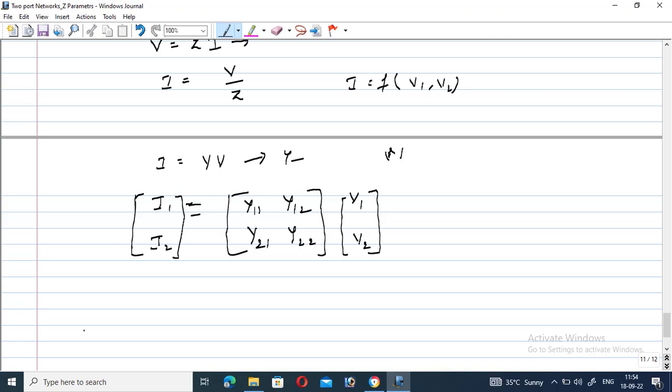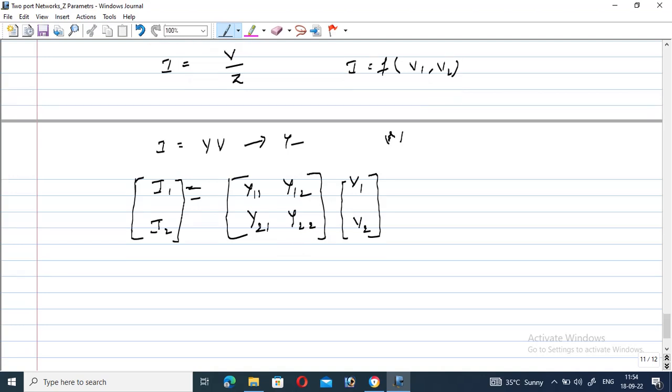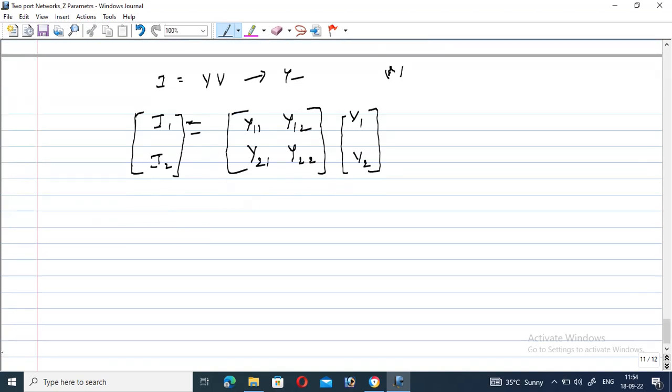Here I1 can be represented in the form of an equation. As a mathematics background, obviously you know the multiplication of these two: Y11 into V1 plus Y12 into V2. So if you multiply like this, I1 is equal to Y11 into V1 plus Y12 into V2, as well as I2 is equal to Y21 into V1 plus Y22 into V2.